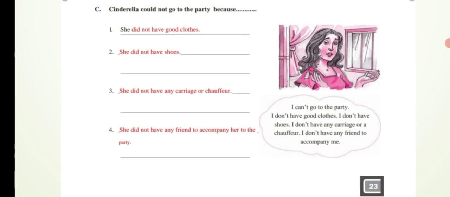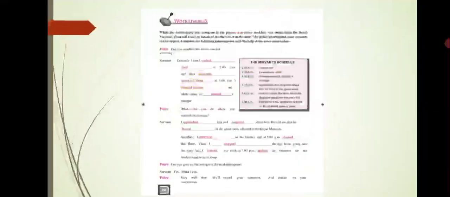And she did not have any friend to accompany her to the party. As you can see in this dialogue box, she is sharing so many things that she does not have, and the same sentences have been changed into past negative forms. These are all past indefinite tense. Now we will do the next worksheet.